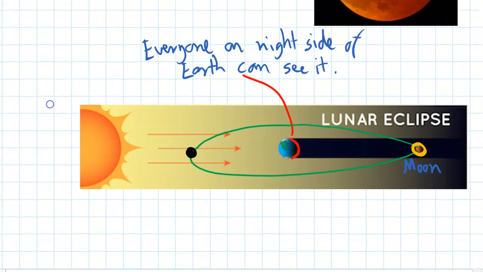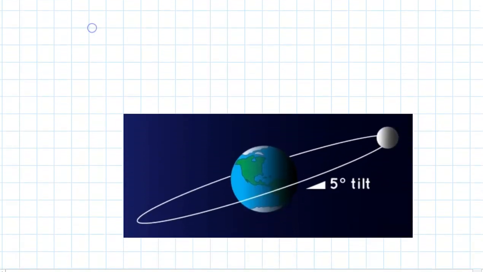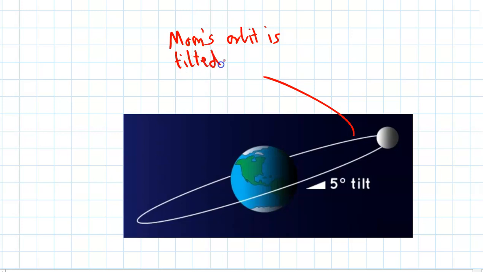Well, the reason for that, scientists discovered, is that the moon's orbit actually isn't horizontal. And so it's tilted. So the moon's orbit, it's actually tilted by about 5 degrees. In other words, it's not horizontal.